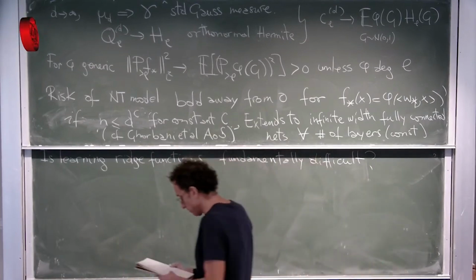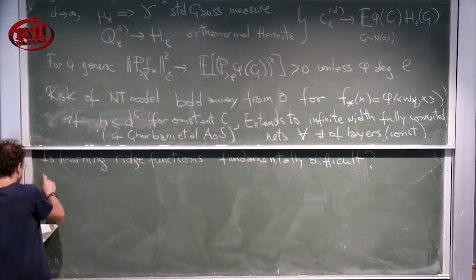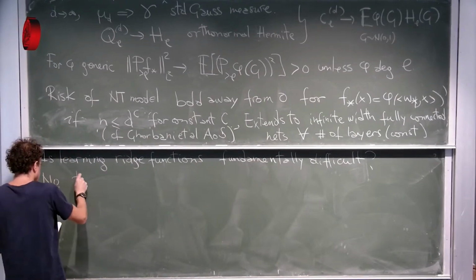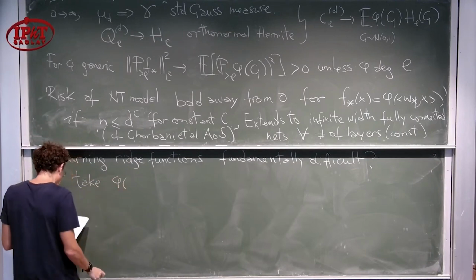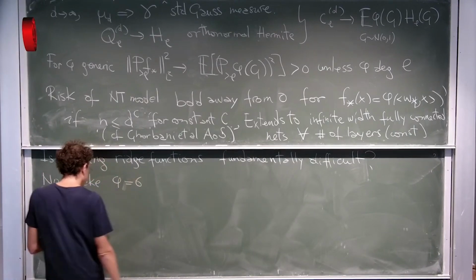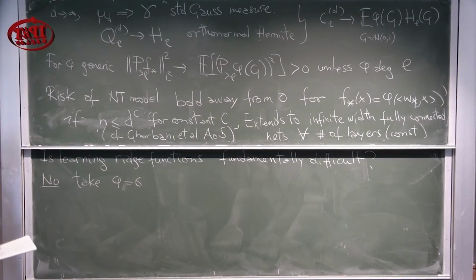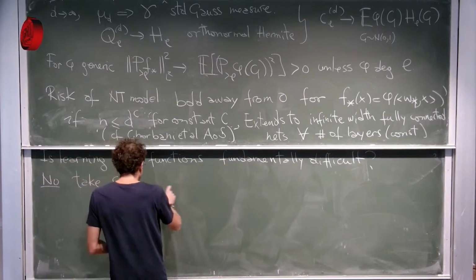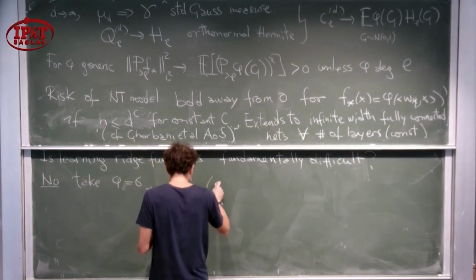But one simple result is the following. Take, for instance, the simplest possible case in which you take phi to be equal to sigma. So in this case, you can approximate your function by a single neuron, or consider the single neuron model.